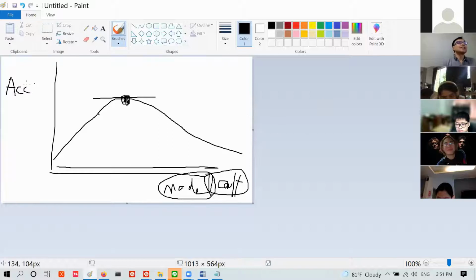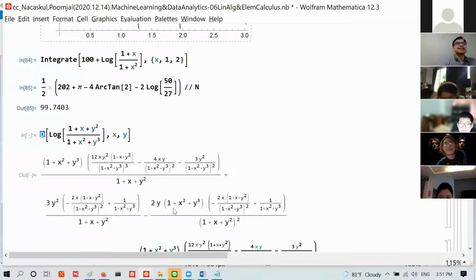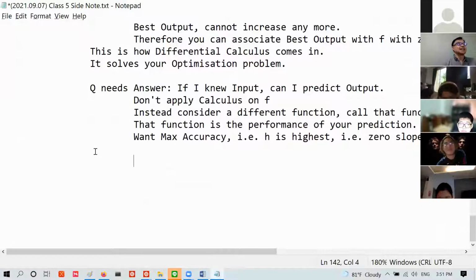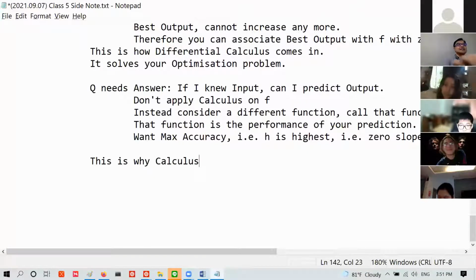You want to get the maximum accuracy. It's the same thing as trying to maximize this function. So that's why calculus comes in.